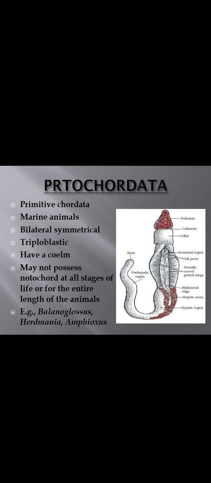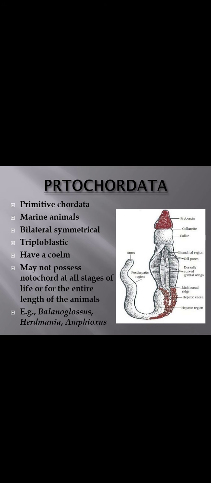Usually these animals are marine living organisms, and bilaterally symmetrical. You know the meaning of bilateral symmetry. And triploblastic, so three germ layers are present, which further develop into organ system and then an organism.